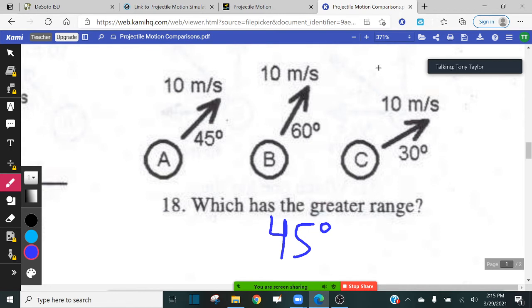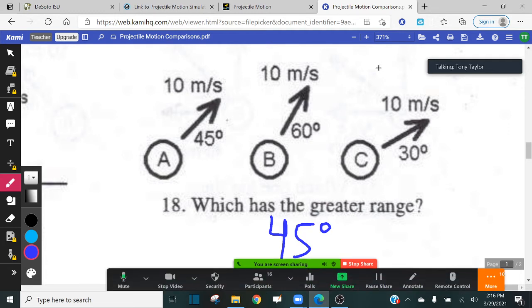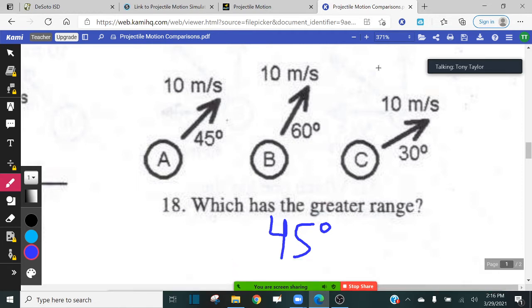Angelina, that's the only one that's going to produce your greatest range. Between 0 and 90 degrees, 45 degrees is going to produce your greatest range. You're welcome. That's going to be your sweet spot.